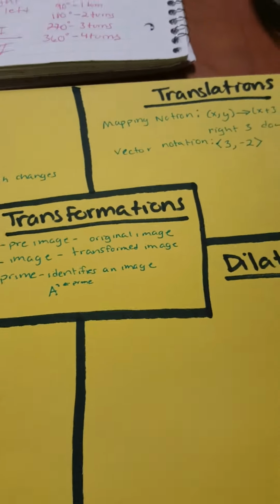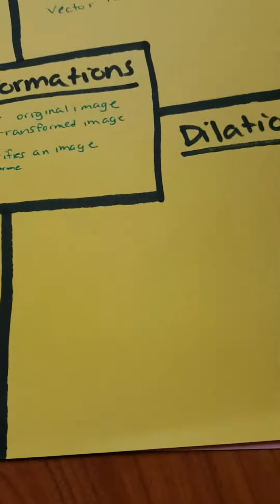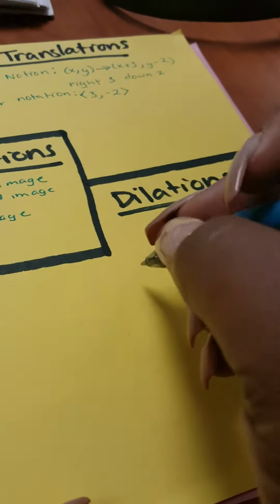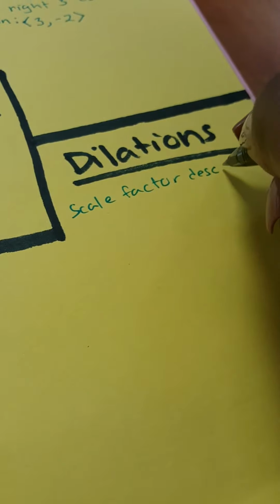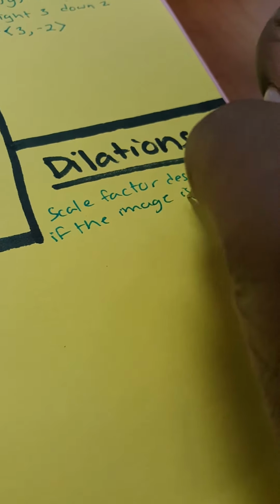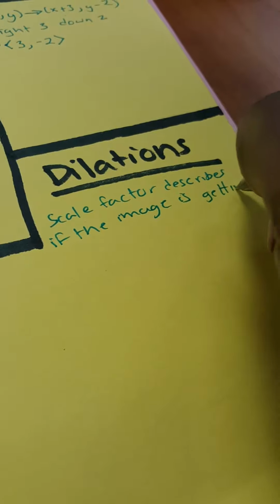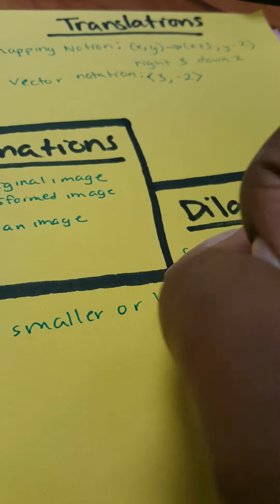Let's go to dilations. Scale factor describes if the image is getting smaller or bigger.